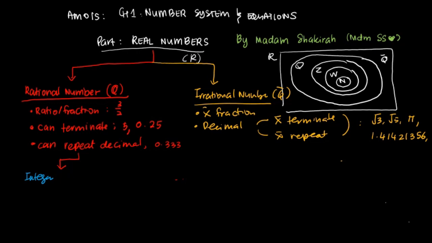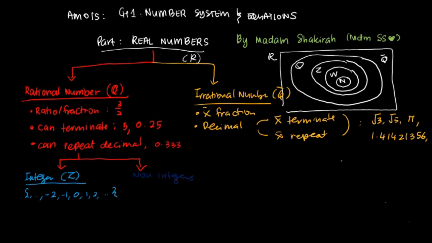The integer is denoted by Z. So what is an integer? Integers start with negative numbers, 0, and positive numbers. That is integer. Another one that also lies under rational number is non-integers.